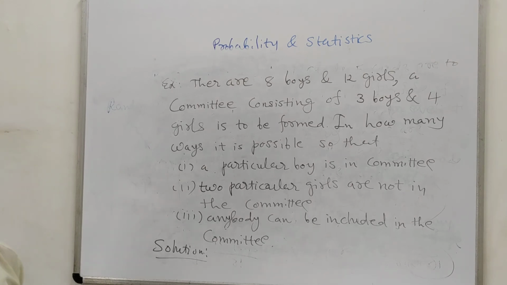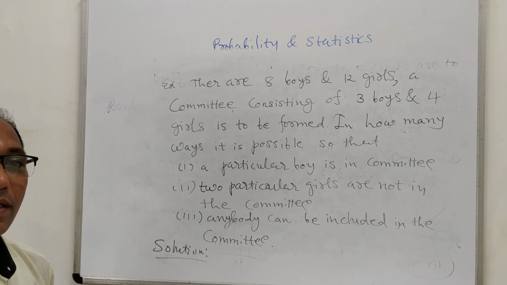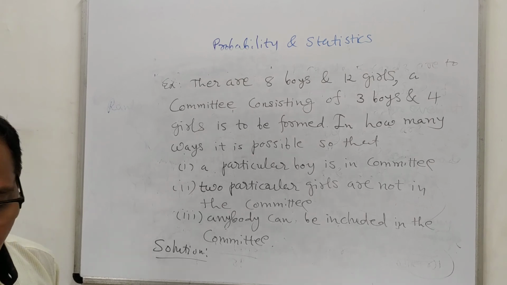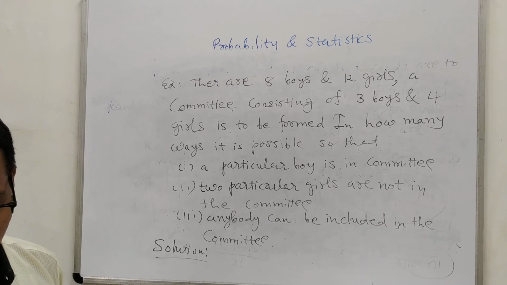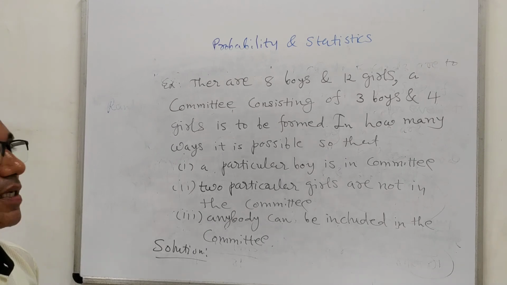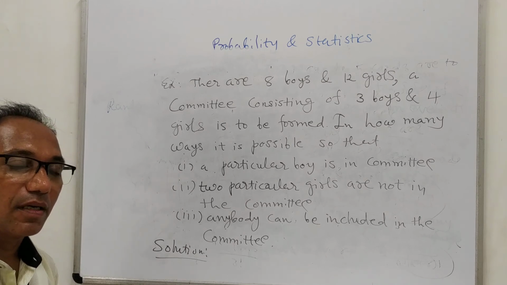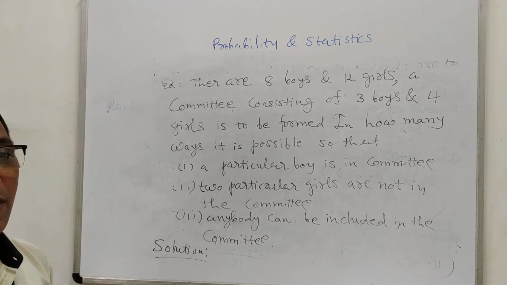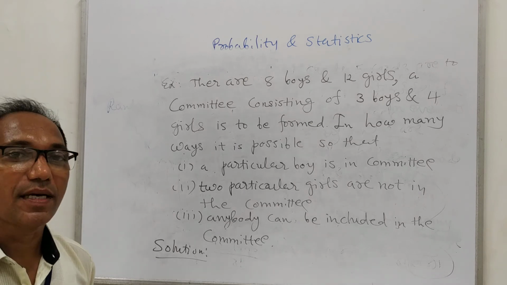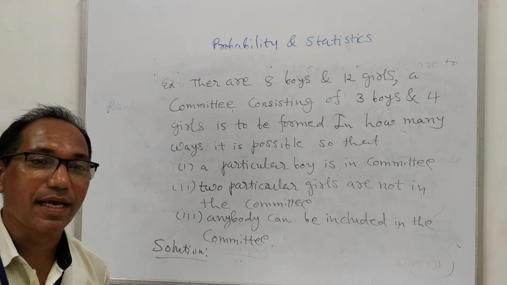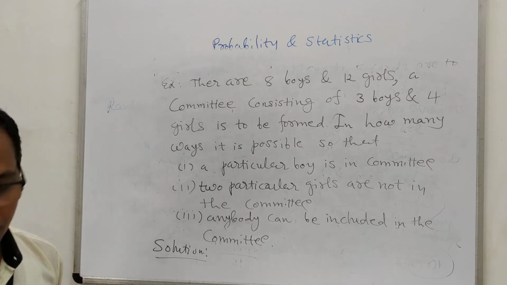Then as a prerequisite, we understood the concepts of counting, in which we have seen the fundamental theorem of counting, which is m into n. Then we have seen permutation and combination. Once again repeating, permutation is the number of arrangements, that means after selecting some number of objects, to arrange them. And combination is simply the number of selections, it excludes the number of arrangements.